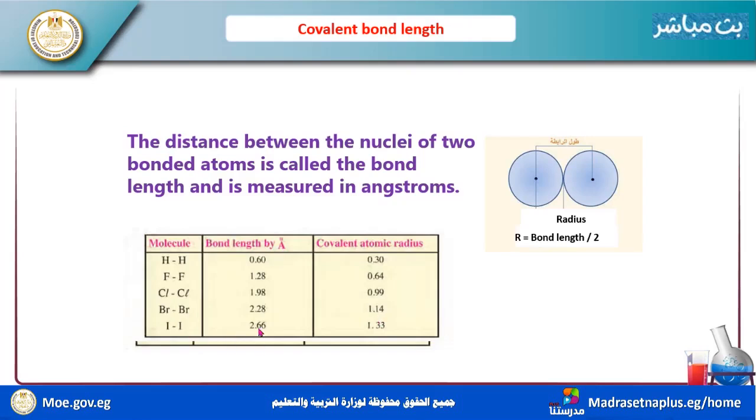Iodine equal to 2.66, so equal to 1.37. If you divide this number by 2, you get the radius of these atoms. Okay, did you understand these tables? Because we can show these numbers you have.